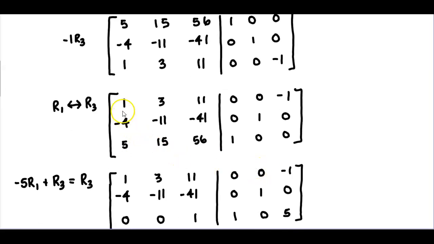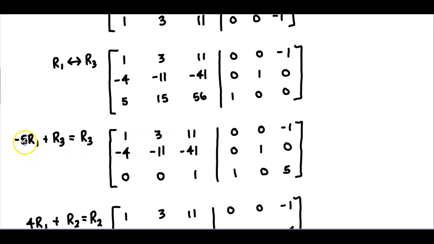So now we can go ahead and make the element in the third row, which is 5, become a 0 by multiplying row 1 by negative 5 and adding it to row 3. So negative 5 times row 1 plus row 3 is going to equal row 3. Negative 5 times positive 1 is negative 5, plus 5 gives you 0. Negative 5 times 3 is negative 15, plus 15 is 0.